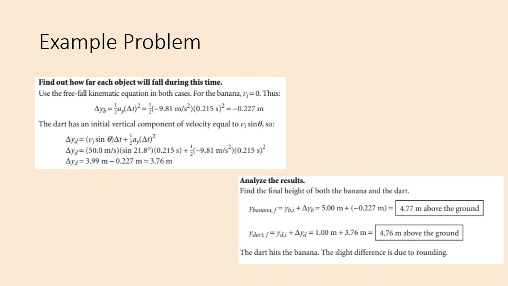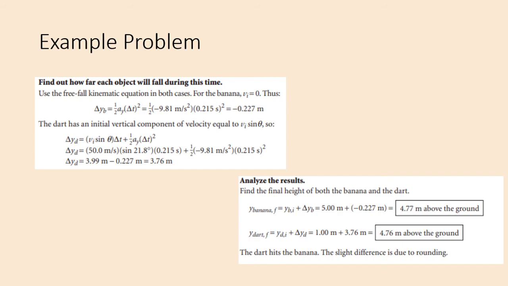So delta y equals vi sine theta delta t plus 1/2 ay times delta t squared. Plugging in numbers, we end up with 3.99 minus 2.27 meters, so our change in y is 3.76 meters. Note that this displacement is above that original position of 1 meter, so it puts us at 4.76 meters.